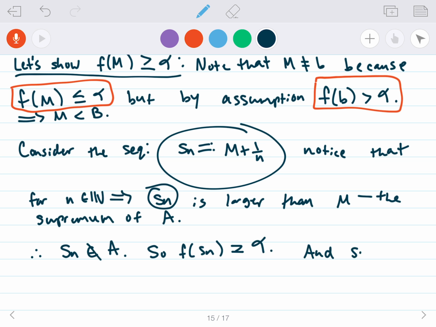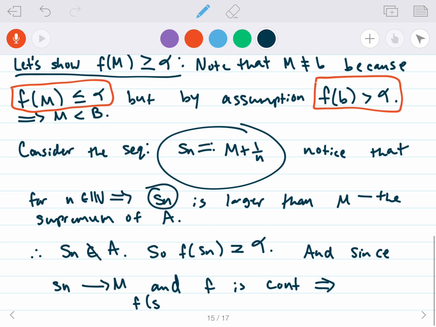And since our sequence converges to m, and f is continuous, this means that f of S sub n is going to converge to f of m.